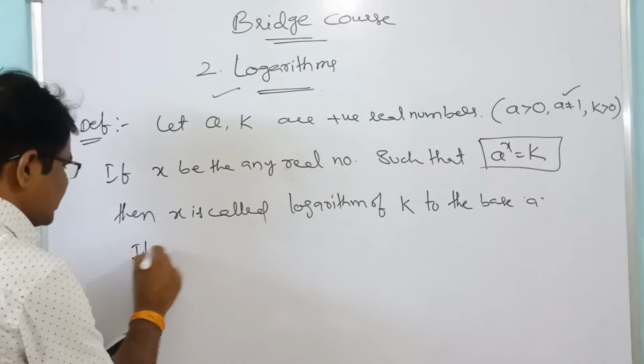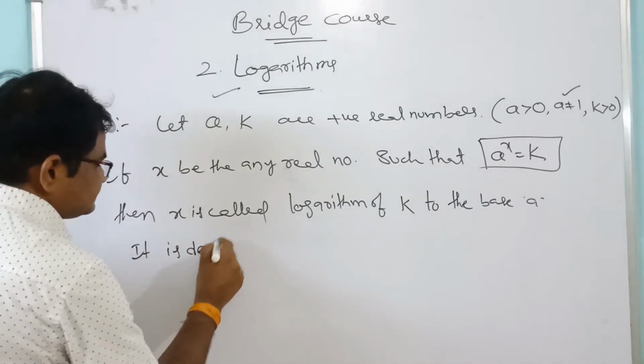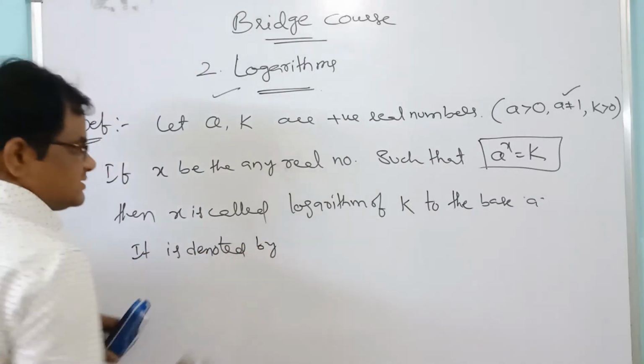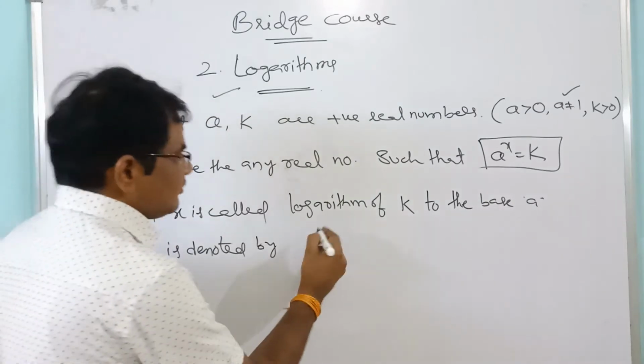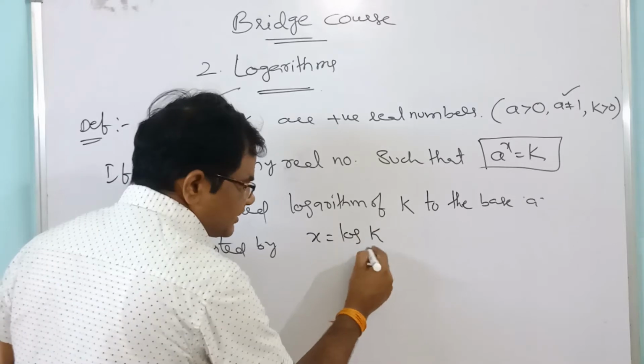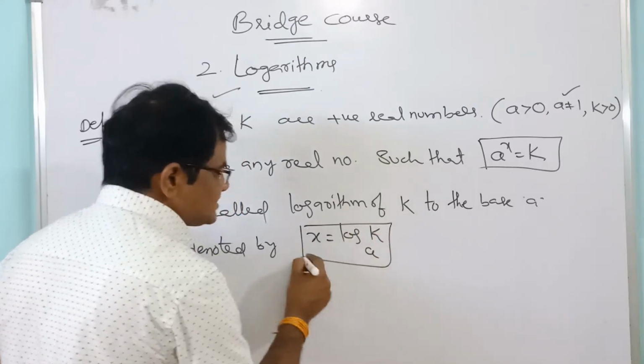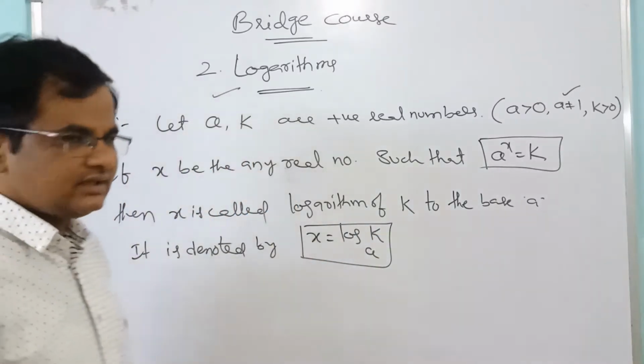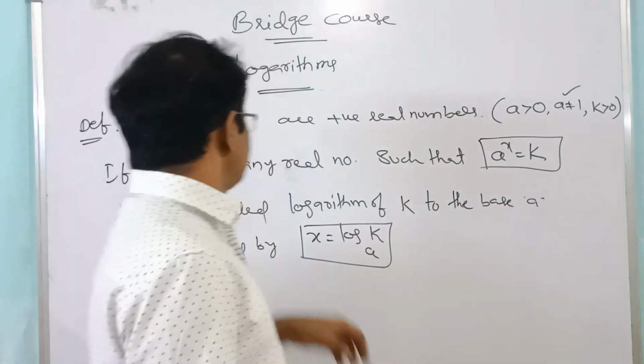It is denoted like this, or defined as x equal to logarithm of k to the base a. Once again, this is the important definition.